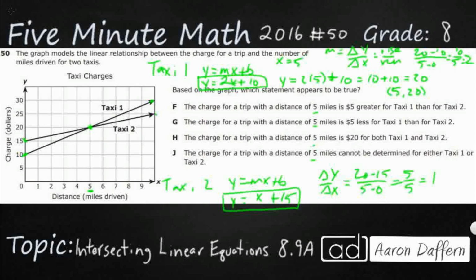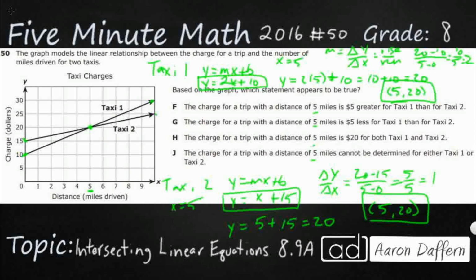Let's make sure the same thing works for taxi 2. If x equals 5, I replace the x with a 5, and I get another coordinate pair, 5 and 20. So visually, it looks like they occupy the same space. Using the graph, I created equations for both, and I substituted in 5, and I can now mathematically show you that when you go a distance of 5 miles, the charge is $20.